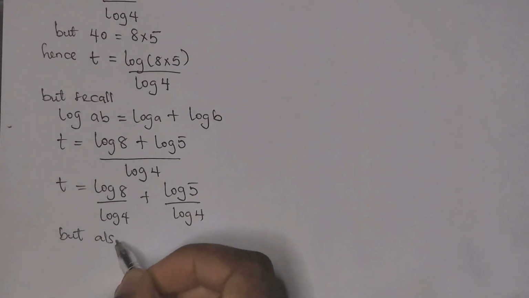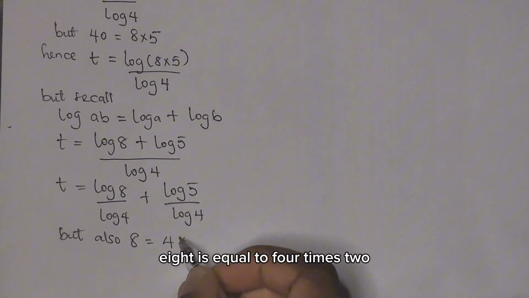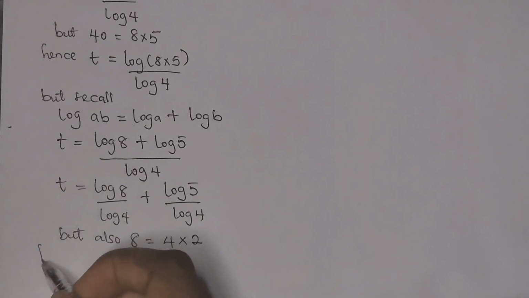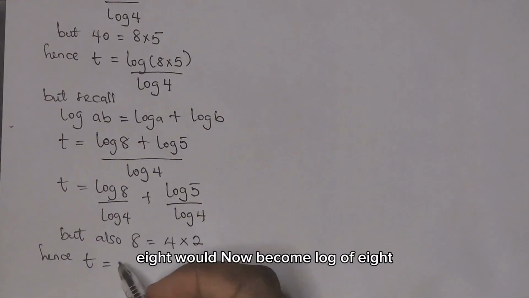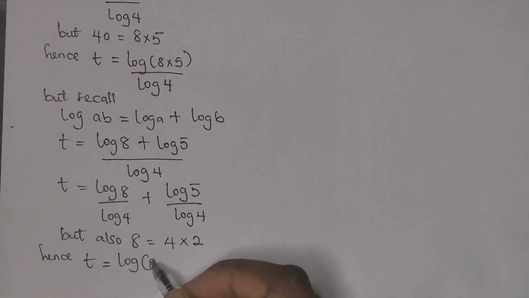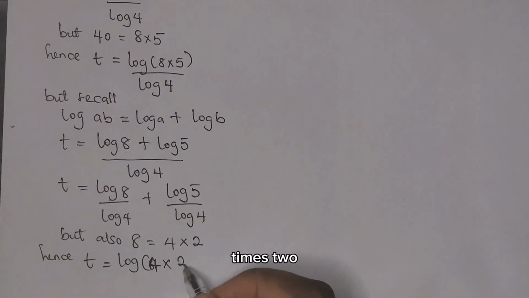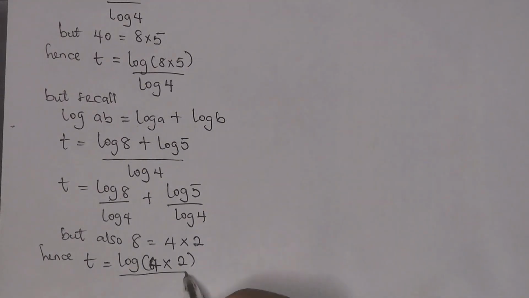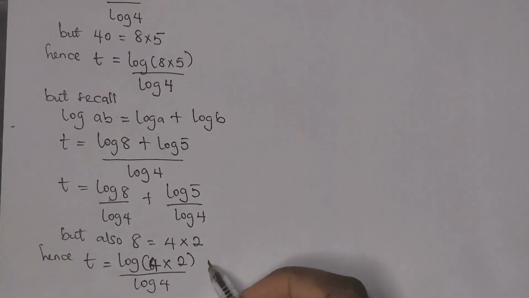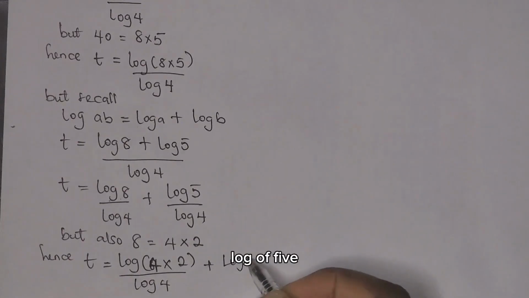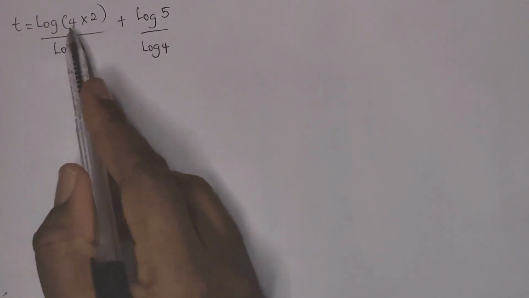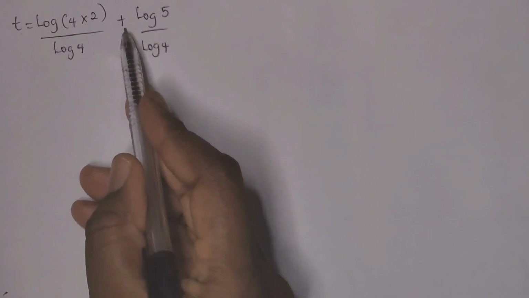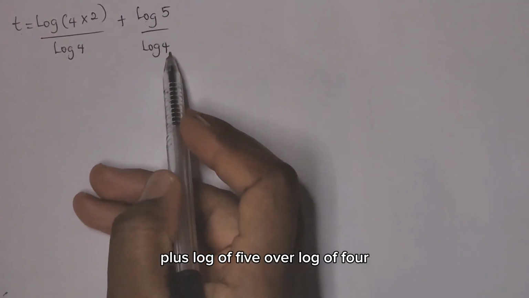But also 8 is equal to 4 times 2. Hence, t is equal to log of 4 times 2 all over log of 4 plus log of 5 all over log of 4.